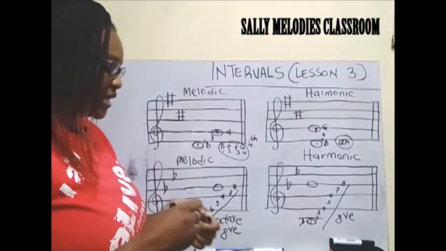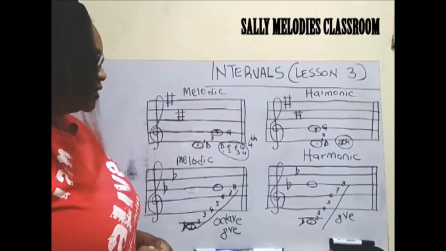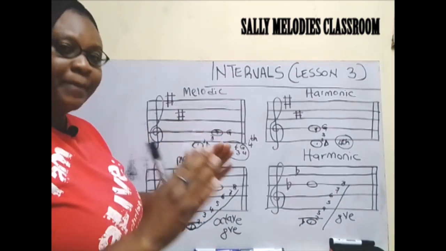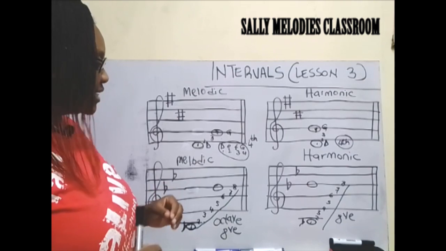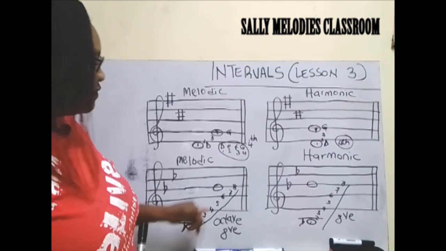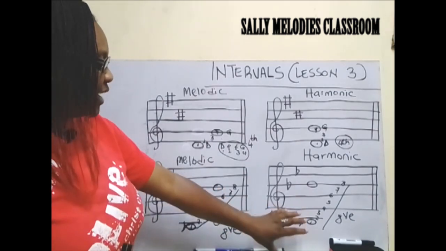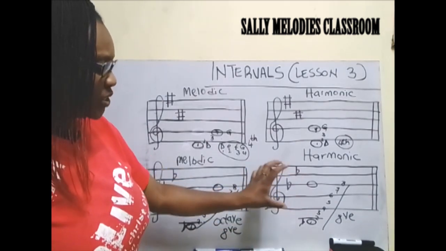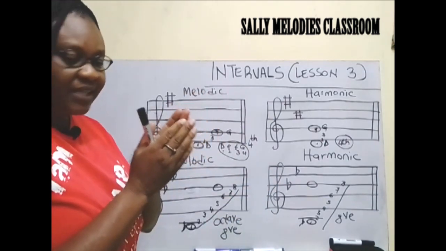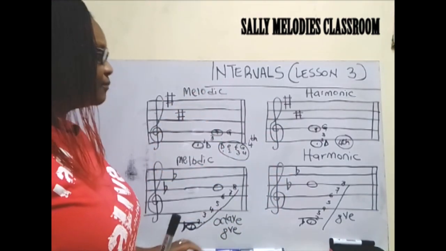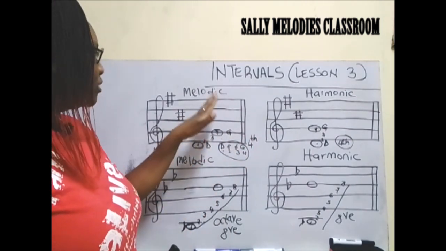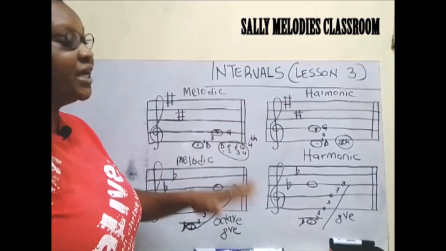The interval is the same, but the only difference is that here you are supposed to sing this one and then you sing the other note. But here you are supposed to sing both notes together, harmonically. That is the difference between melodic intervals and harmonic intervals.